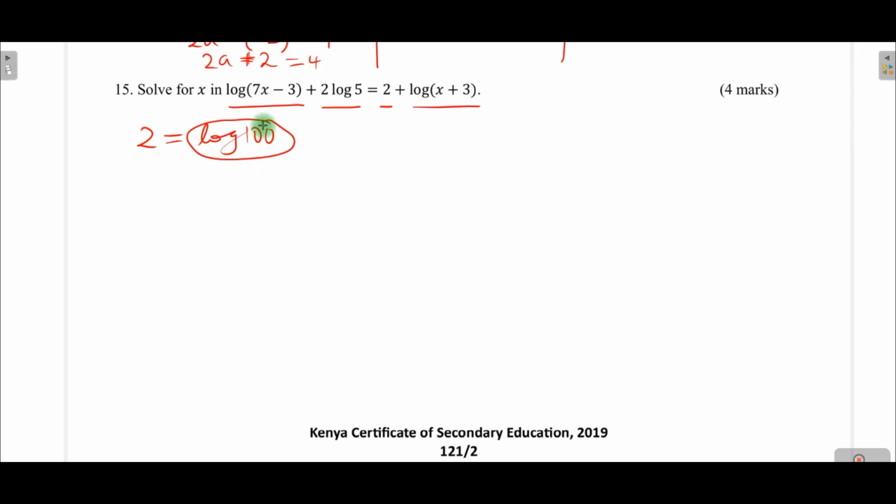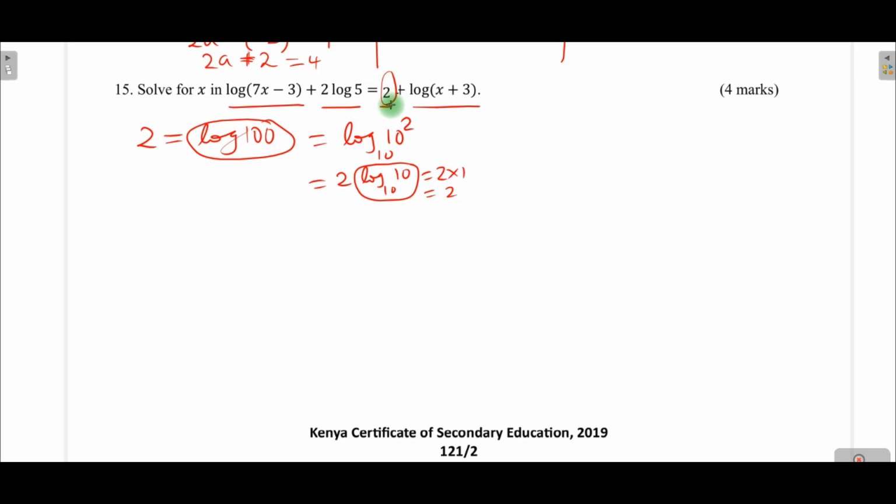Remember, log of 100 is the same as log of 10 power 2. If we consider it to be log base 10, therefore this will be 2 log of 10 base 10. And log of a number to the base of that number is always 1. So this is 2 times 1, which is 2. And that's what we have here.